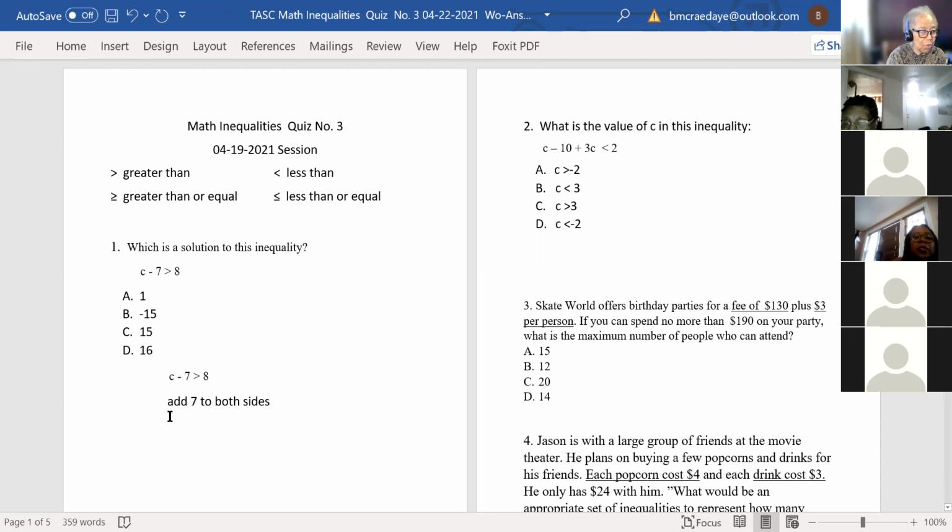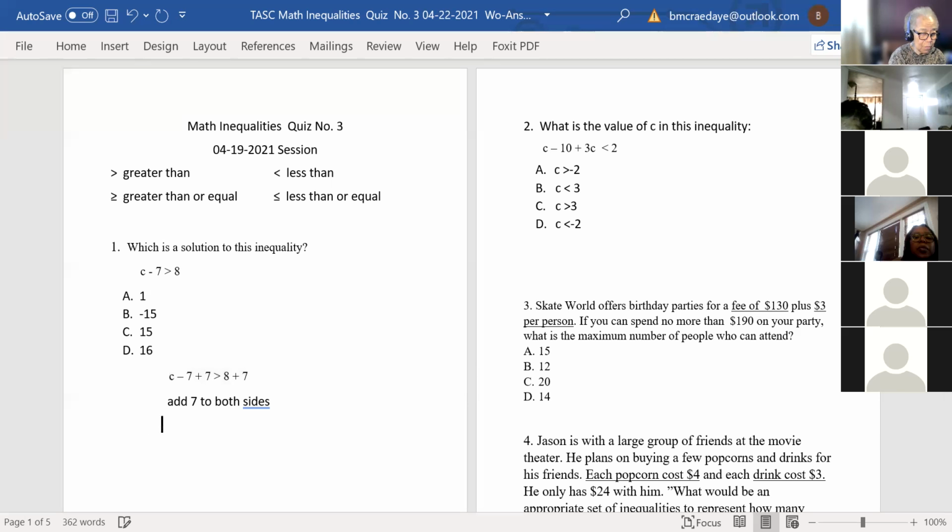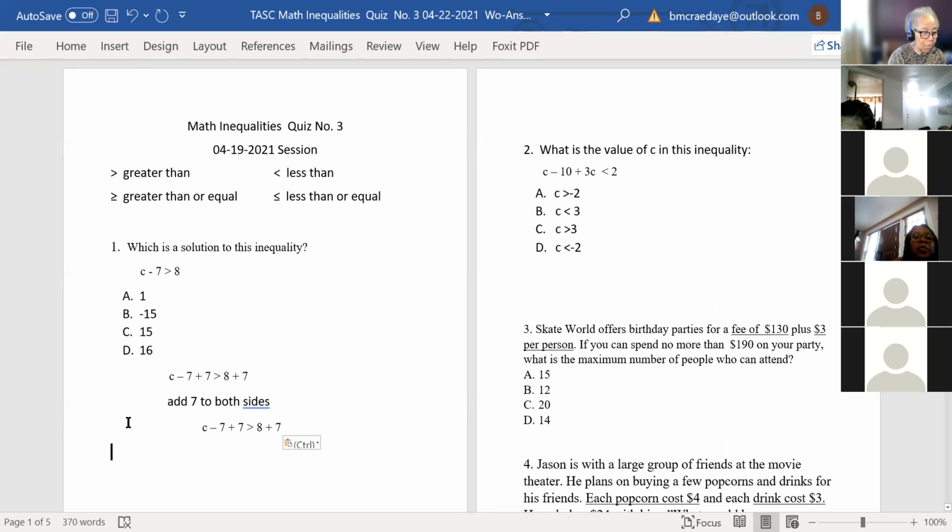So if we do that, we'll add the 7. So that's a plus, right? Yes. 7. And then we add the 7 on the right. And what do we have left on the left side, Alba? We have 0 and what else?